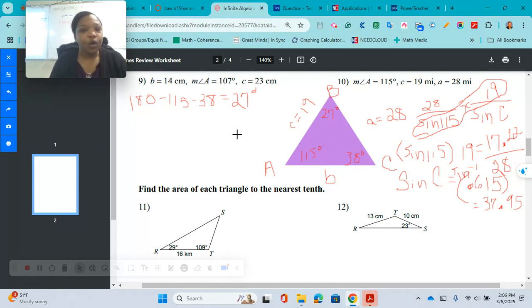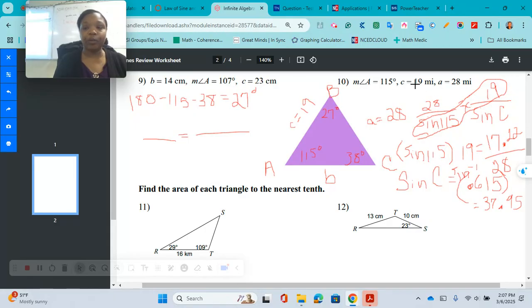Okay. We are missing one more side length. What can we use to find that side length? The law of sines. So we are looking for a little b.